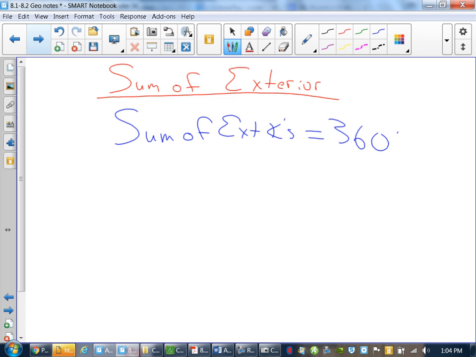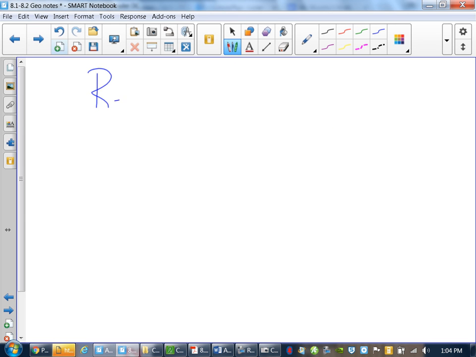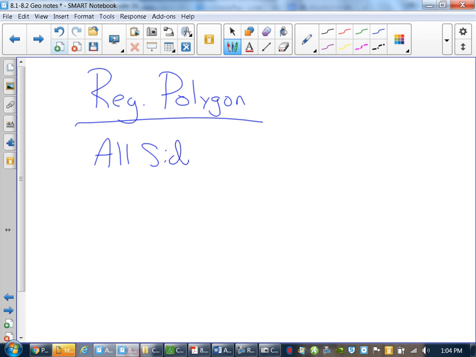Regular polygons: all sides are congruent and all angles are congruent. Regular polygons have all the same size angles and all the same size sides.